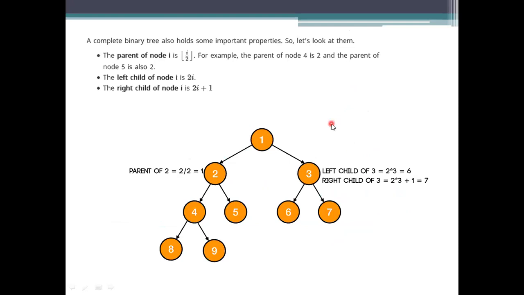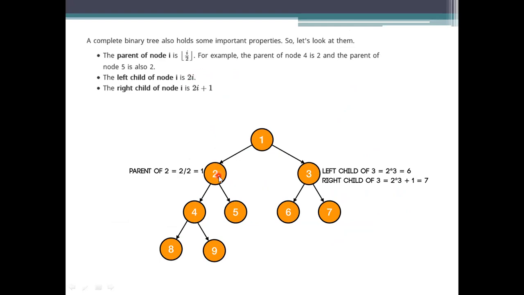How we are specifying, means how we'll get the left child of 1 and the right child of 1 here: if we are taking the properties of the complete binary tree, the parent of that node will be i by 2. For example, here I want to know the parent of 2.